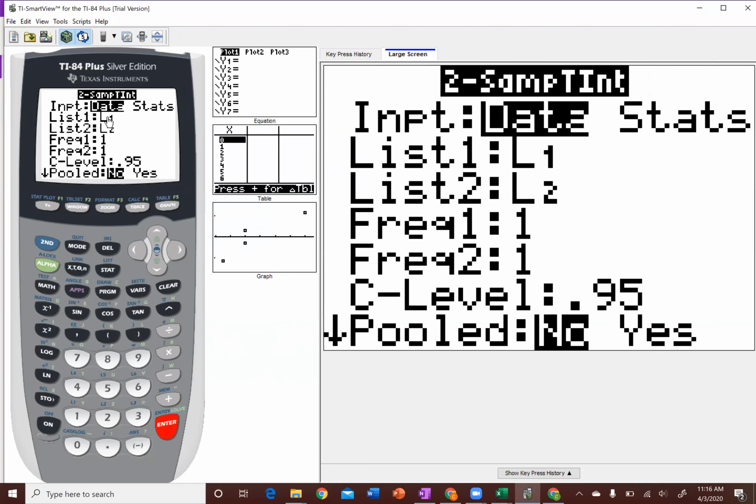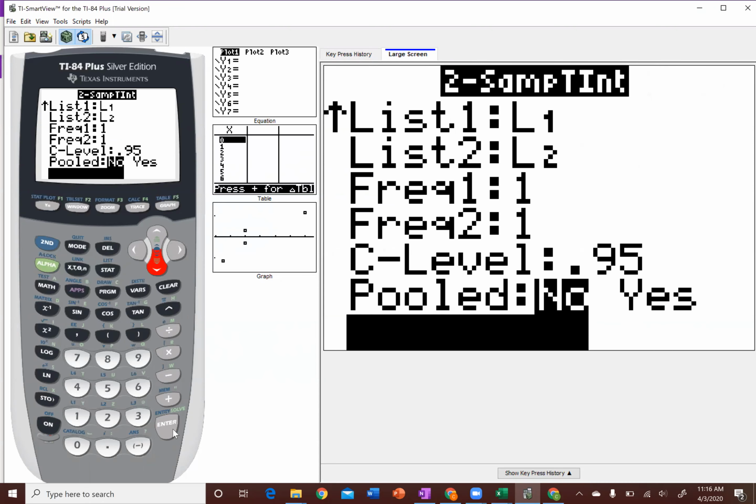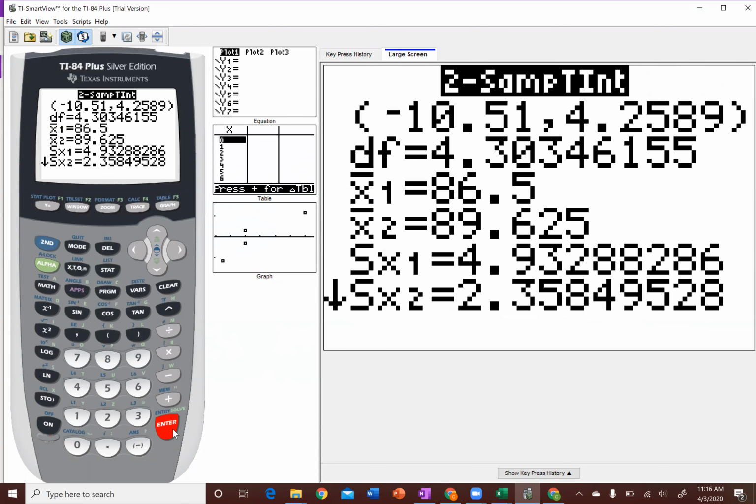Again, I have the data in list 1 and list 2 still, so I'm going to use that option, data. My confidence level is 0.95. I'm not going to pool for the reasons explained in the earlier video, and hit enter. And this will give me the lower and upper bounds as well as the degrees of freedom.